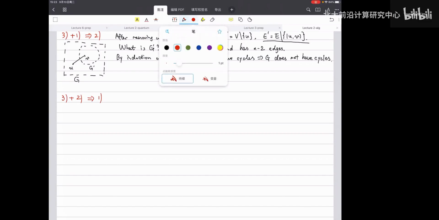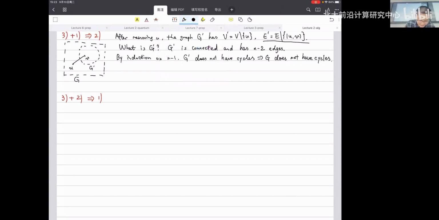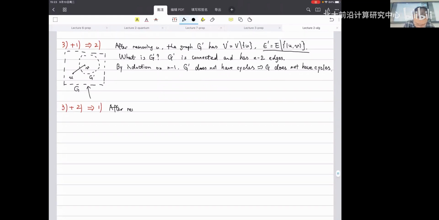So let's still look at the graph here, which is still this one. The argument is basically the same, so let's write everything down for the rigor of the proof. So after removing U, G prime, we still use this notation.